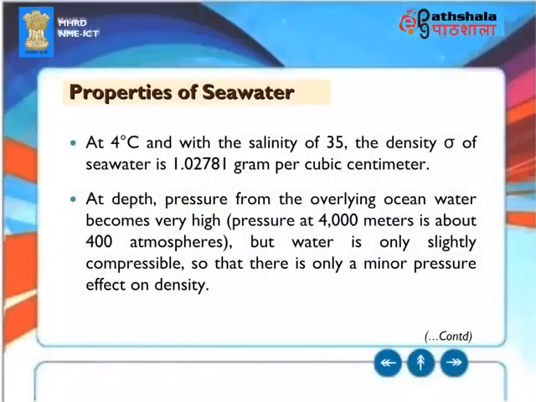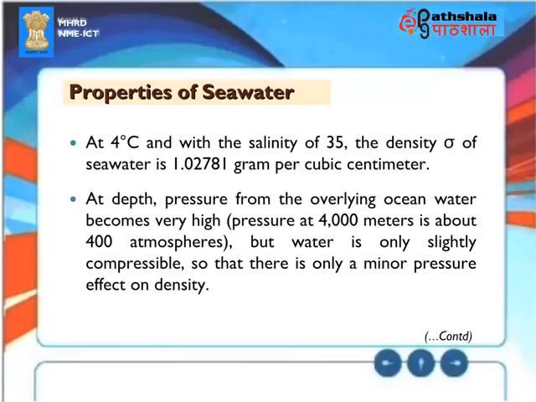Properties of seawater. At 4 degrees centigrade and with a salinity of 35, the density sigma of seawater is 1.02781 gram per cubic centimeter. At depth, pressure from the overlying ocean water becomes very high.